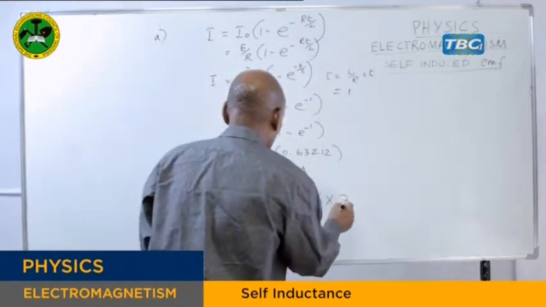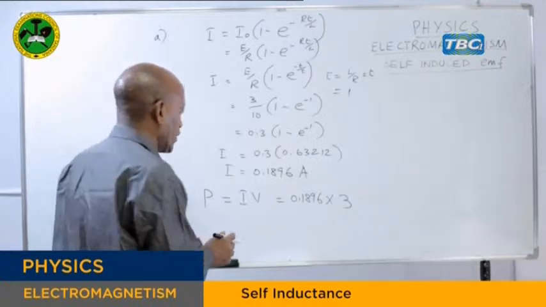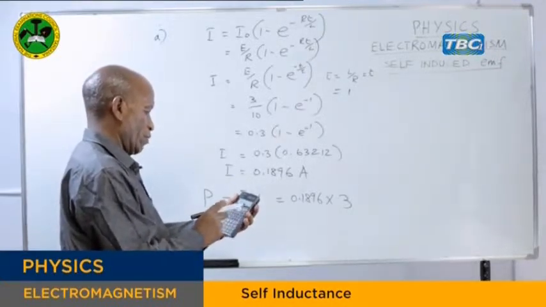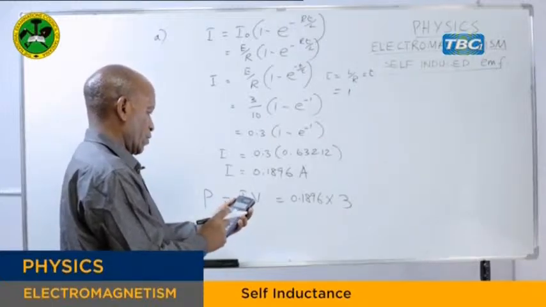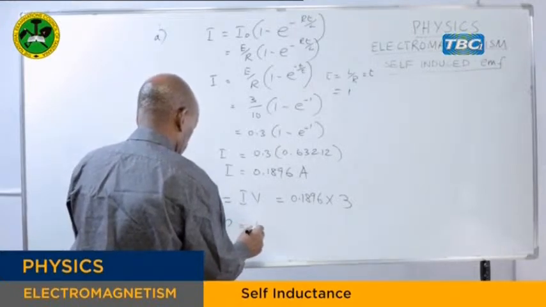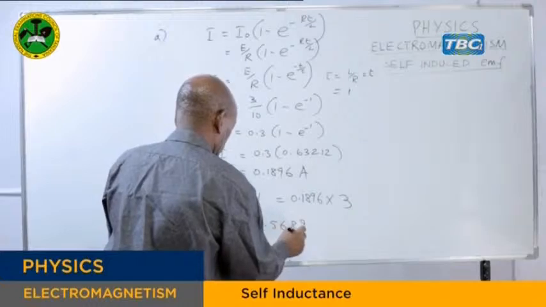If you multiply by that much, you get 0.5689. So the power will be equal to 0.5689 watts.